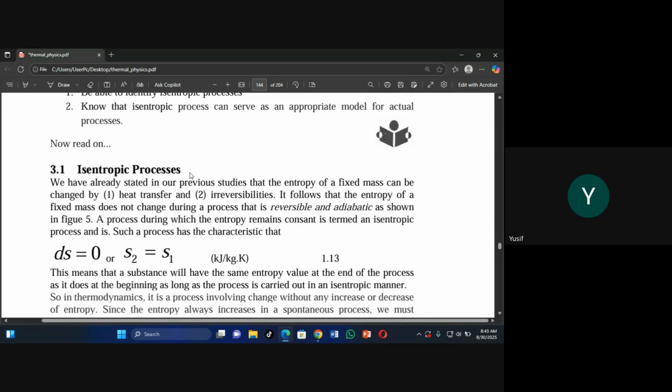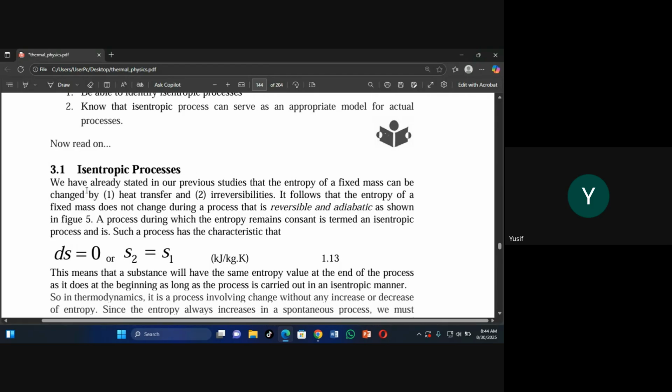So isentropic is a thermodynamic property that happens at a constant entropy. But you and I also know that when you are talking about entropy, we also talk about heat. Okay, heat energy. So isentropic can also sometimes be related to an adiabatic process.